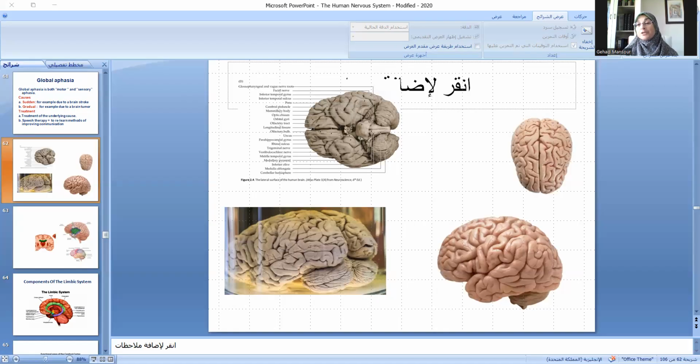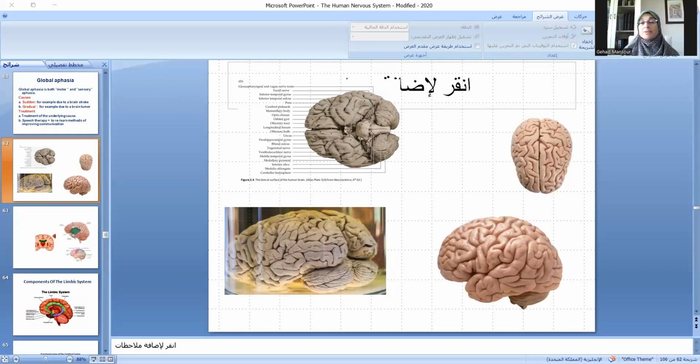Concerning the last lobe, which is the occipital lobe, it contains the vision center and the vision association center, meaning that you have the center that helps you see, and then you have the center that helps you understand what you see.